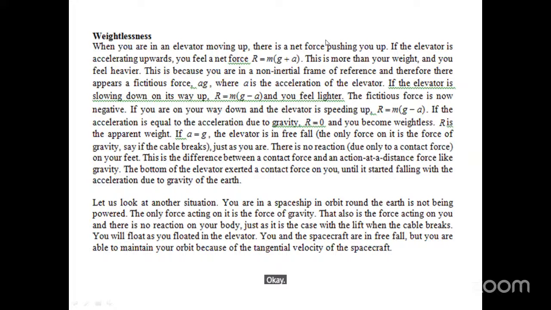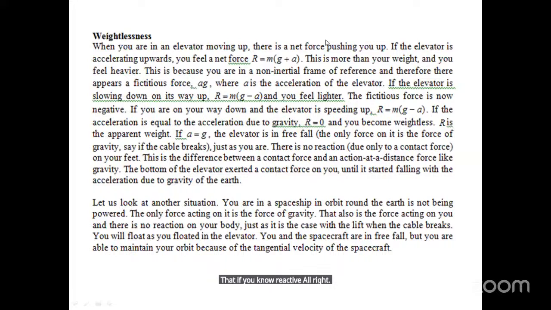This is your weight, right? If the bench is not moving, there is an equal and opposite force on you. That's a contact force. But when that bench is falling under gravity, and you are sitting on it, will there be a reaction? There will be no reaction, right?